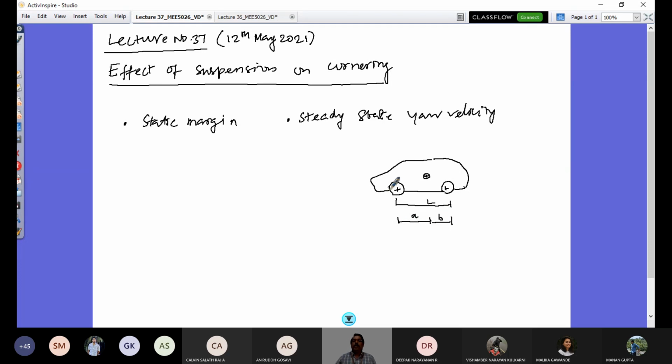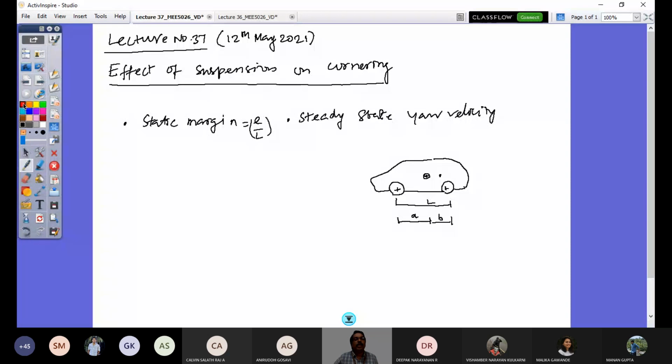So how do you define the static margin? It is the ratio e by L. So what is this e by L? e is the distance from the CG to a point called the neutral steer point.